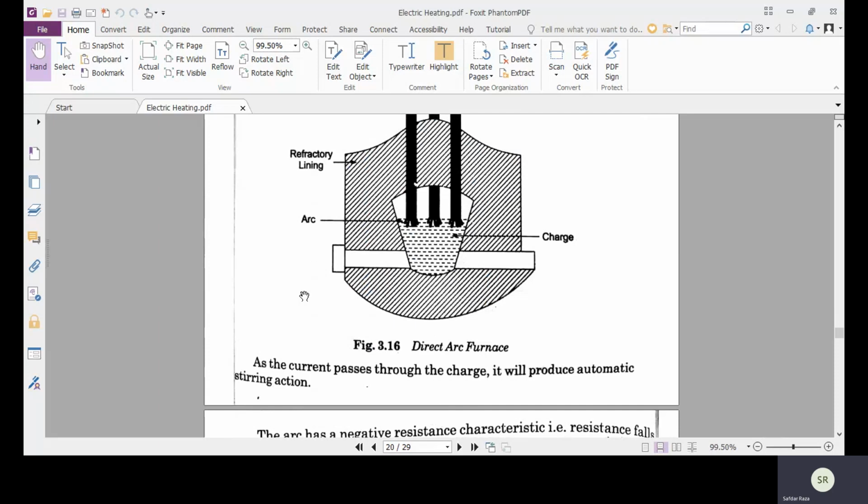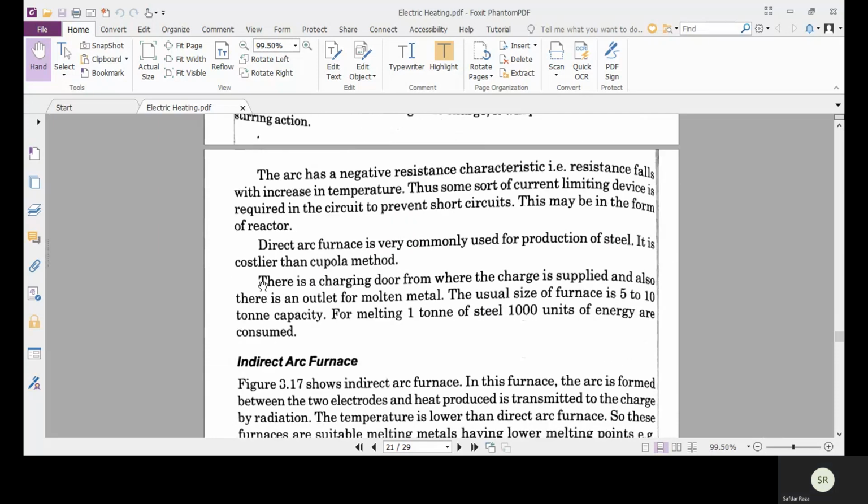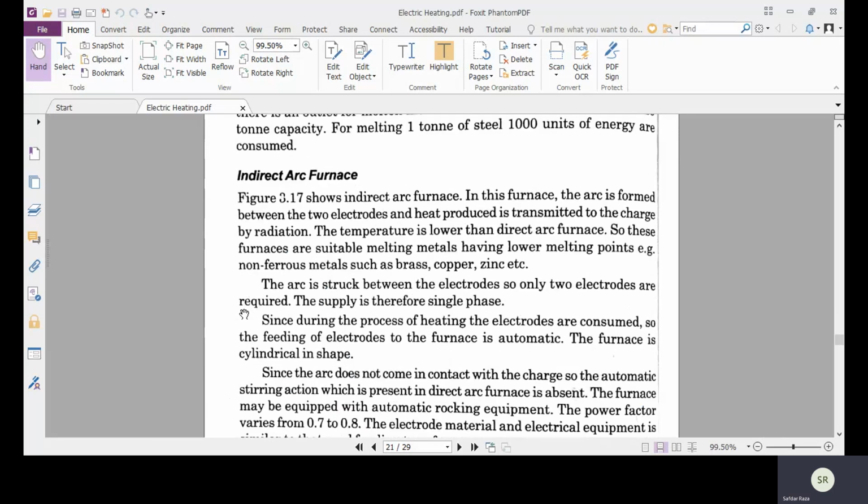We insert the charge from some other hole, which is not shown in the figure. The usual size of the furnace is 5 to 10 ton capacity. For melting 1 ton of steel, 1000 units of energy are consumed. So all this is about the direct arc furnace.